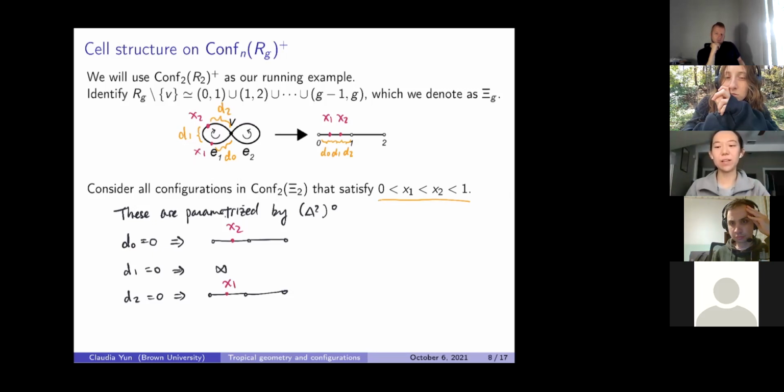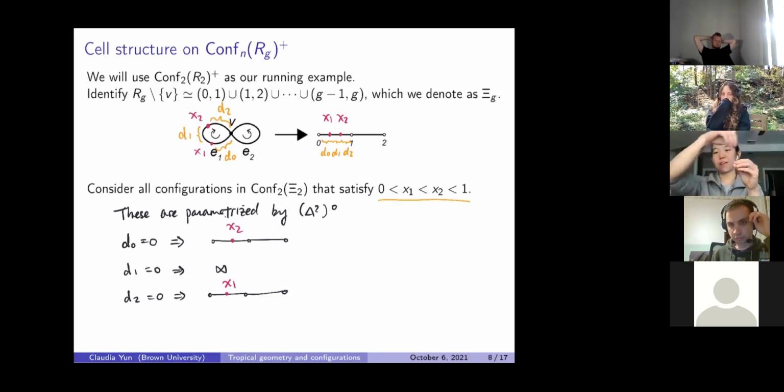And there are only going to be cells in two dimensions, in dimension n and n-1, because whenever you have a point sliding down, either it goes to the central point V, but in that case, if you have another point sliding down to V, then they're colliding at V, and so you're really throwing that configuration to infinity.